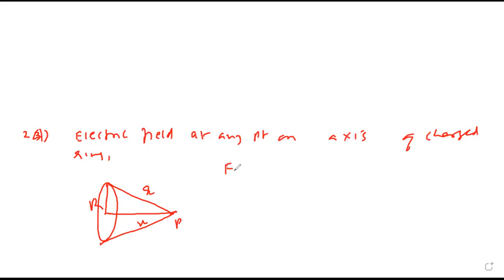So E is equal to K Q x upon (R square plus x square) raised to 3 by 2. Generally, this type of sums they will give you on a ratio basis or something. At any point on axis, kQx upon (r square plus x square) raised to 3 by 2.